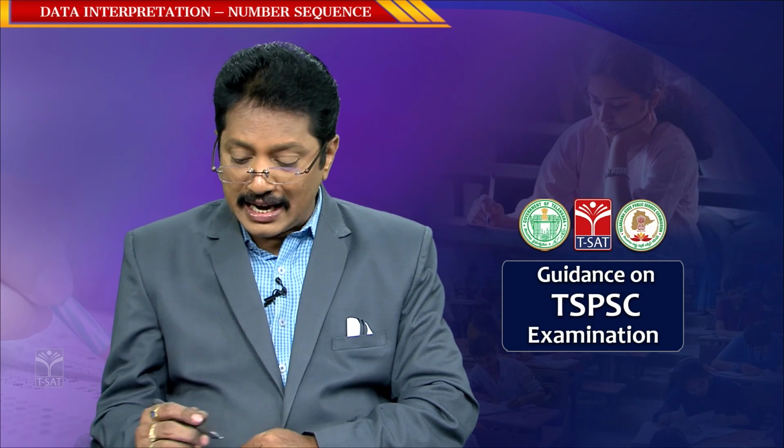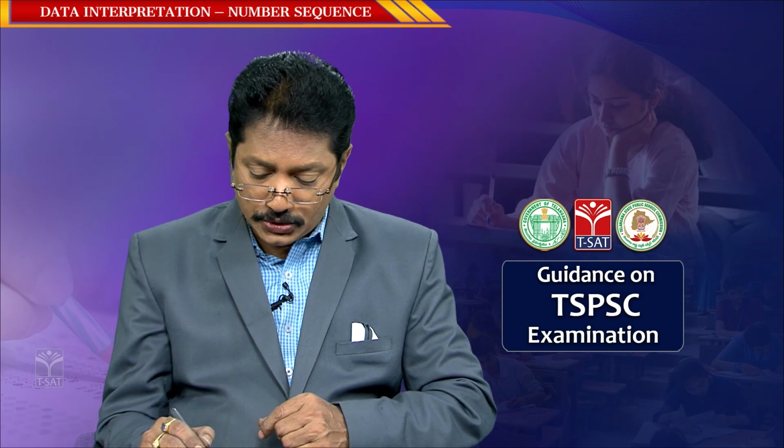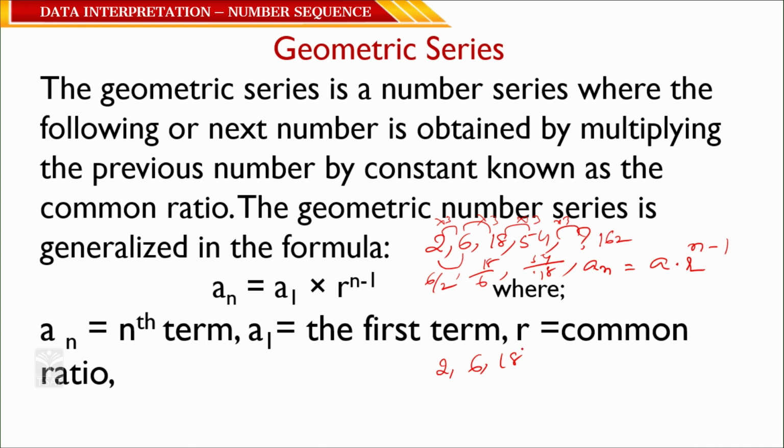So, this is about the nth term of a geometric progression. Okay. And one more important thing: if you take 2, 6, 18, these are in geometric progression, or GP. 6 squared is 36, which equals 2 times 18, correct? So, if A, B, C are three numbers in GP, then B squared equals AC.